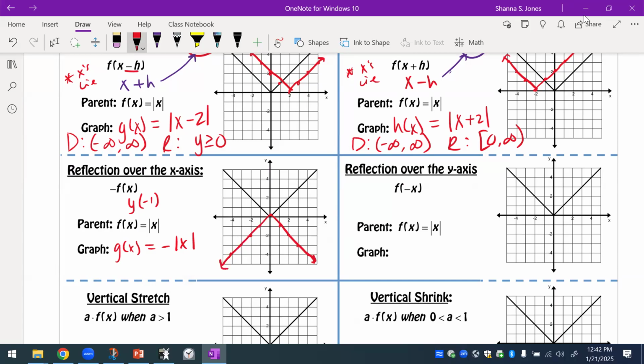Okay? Just because it reflected, our domain is still unchanged. It goes from negative infinity to positive infinity. However, our range has changed. Our y values are no longer getting bigger. They're now doing what? Getting smaller. So y has to be less than or equal to 0. Does that make sense?